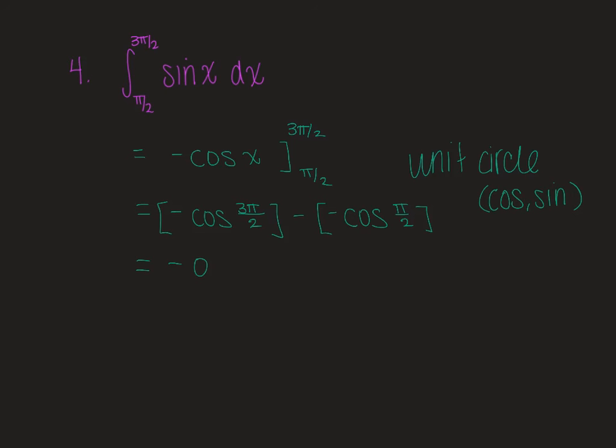I wrote 0, I said 1. And then we still have our minus sign, and then we have negative cosine of pi over 2. So our cosine of pi over 2 is also 0. So it's minus 0. No matter what signs you want to do, whatever operations you've got going on, your answer is going to be 0. Okay, so your area between the curve and the x-axis would actually equal out to 0.